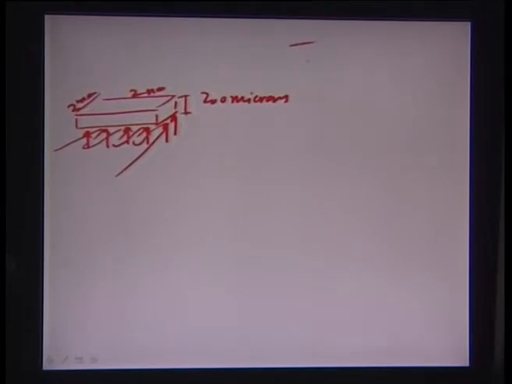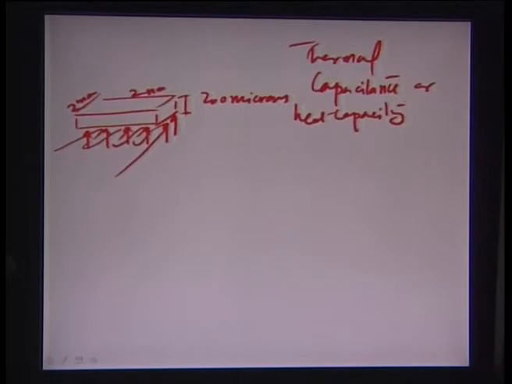So in this case, the thermal capacitance, or heat capacity, let's say C thermal, is essentially m times C. M is the mass of this volume, and C is the heat capacity of the material.